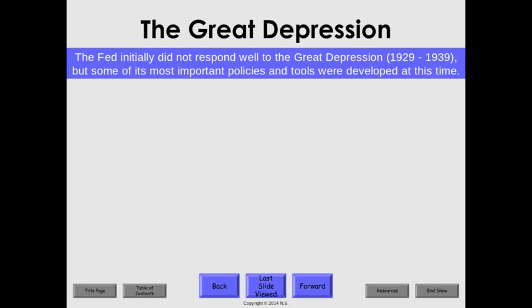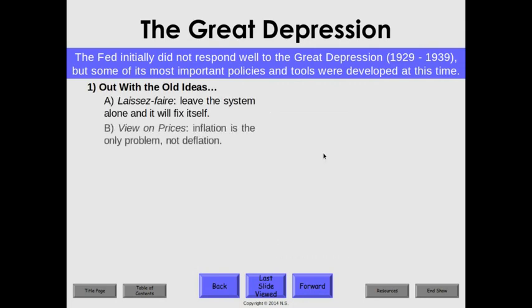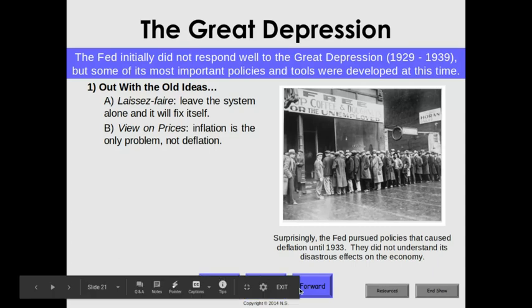Along comes the Great Depression, and we're going to come back to this slide. Actually, no, let's keep cruising. So these old ideas, like laissez-faire, become popular. Laissez-faire, which I don't speak French, but basically it just means leave it alone. It will fix itself. You don't need to be overly hands-on.